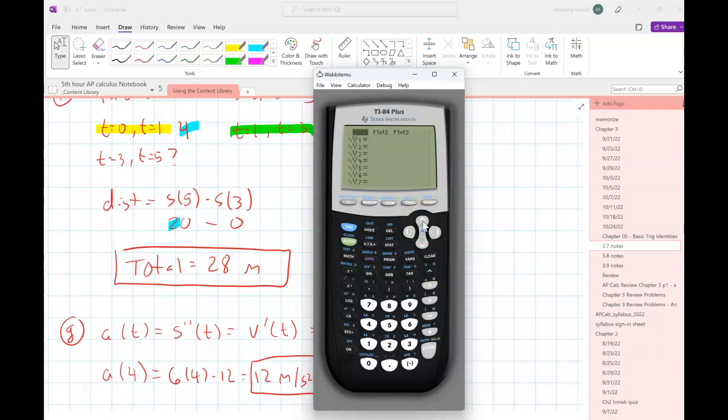So let's do that. Well, it's position, velocity, and acceleration. We're going to graph all 3 of them.